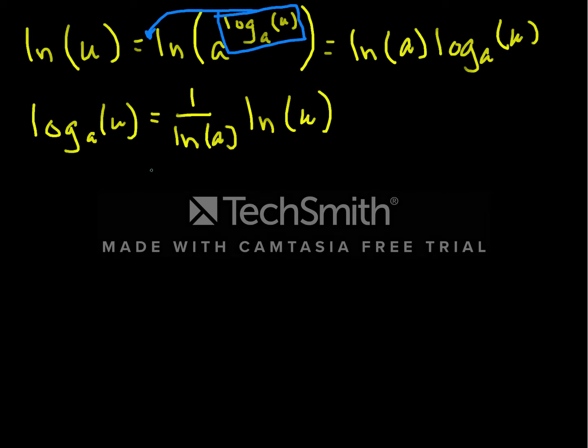And this is exactly how we can go back and forth between different bases. For instance, if you wanted to calculate log base 7 of some number, your calculator doesn't have log base 7. But your calculator does have the natural log.